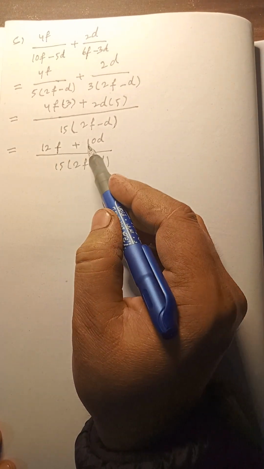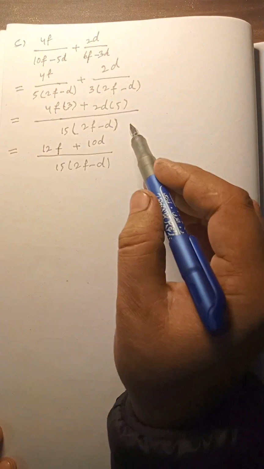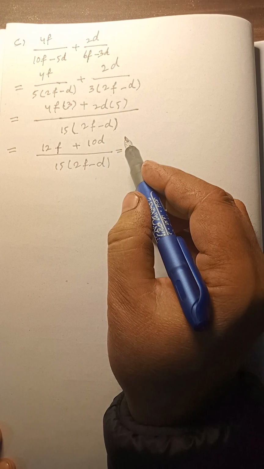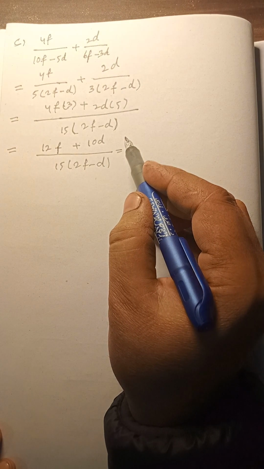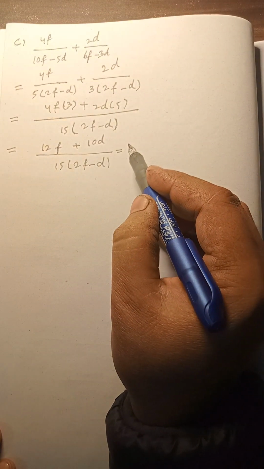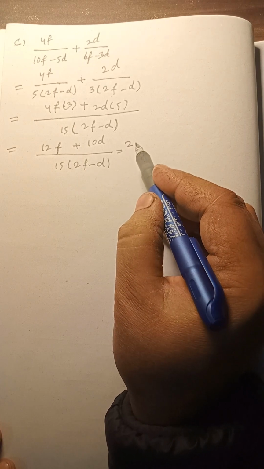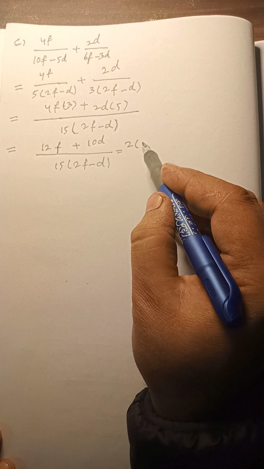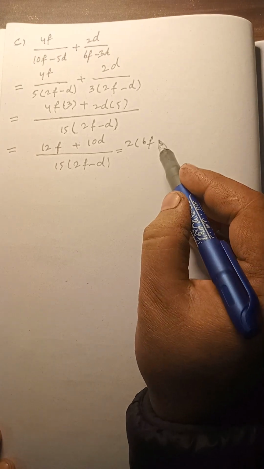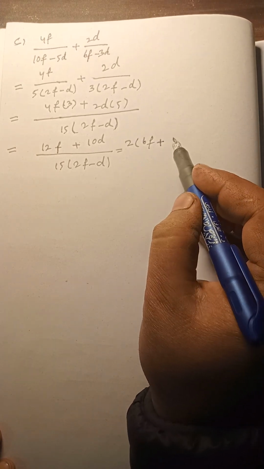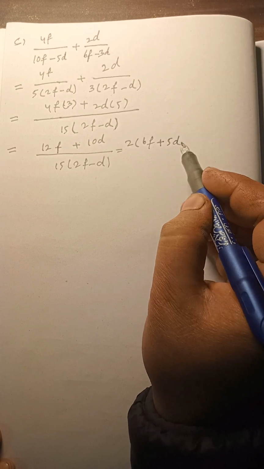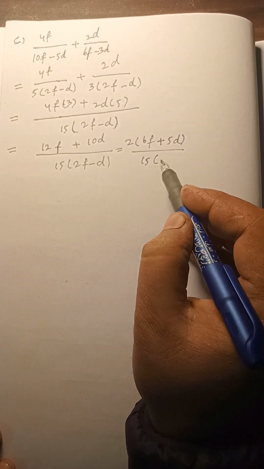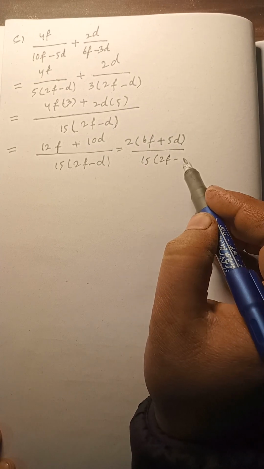Now you see that we can take a common factor from these two terms. Take 2 as common. We can divide both by 2. After taking 2 as common, you see that 6f plus 2 fives are 10, 5d over 15 into (2f minus d).